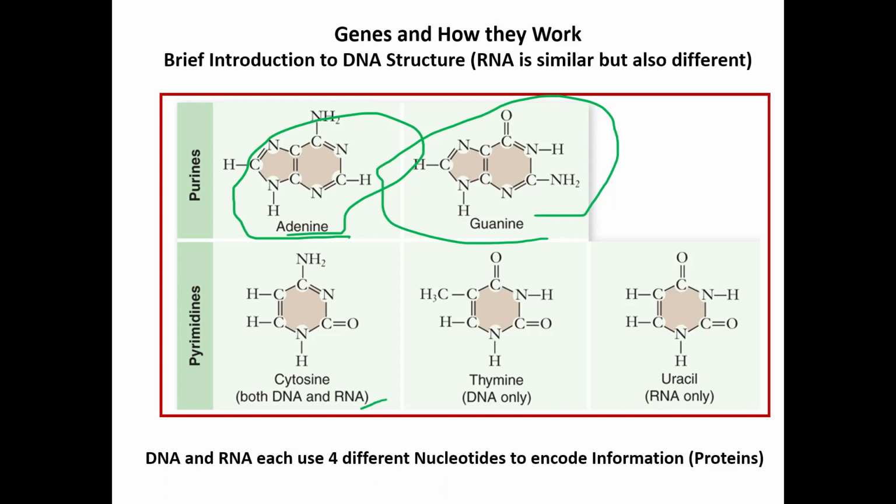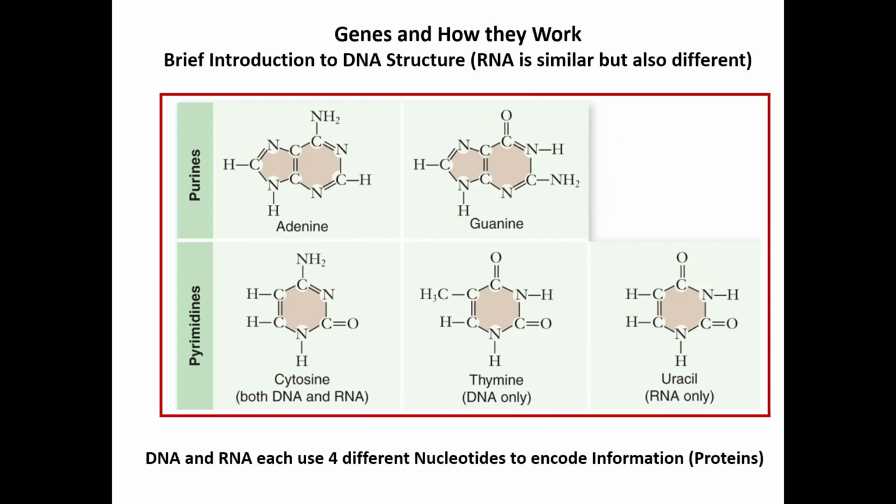Then we have cytosine, which is the third type of nucleotide that we find in the DNA. And the fourth one that we find in the DNA is thymine. Those 4 different nucleotides are the language used in encoding information in the DNA.